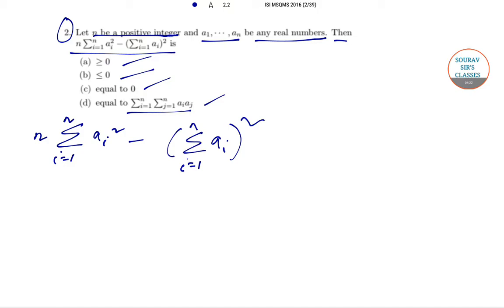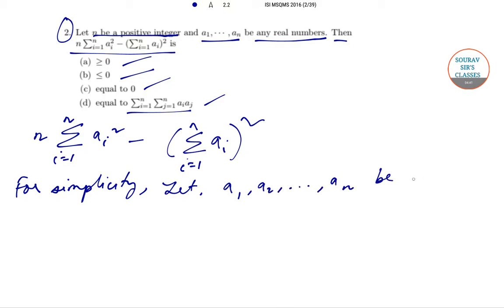For simplicity, let a1, a2 up till an be given by 1, 2, 3 up till n, where n belongs to the positive integer set.